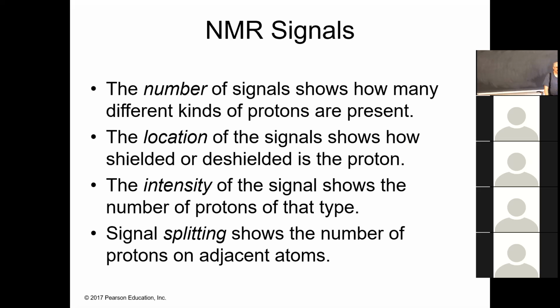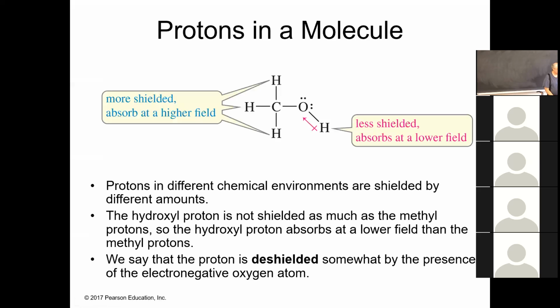There's basically 4 things that we're looking at in a proton NMR spectrum. The first is the number of signals. The number of signals shows us how many different kinds of protons are present. And of course, in methanol, sorry, not methane, methanol, there would be 2 kinds of protons.